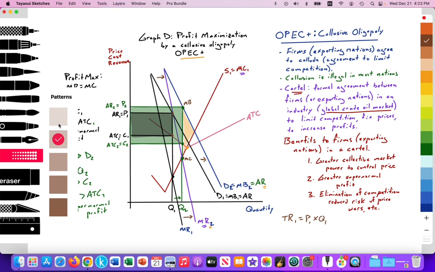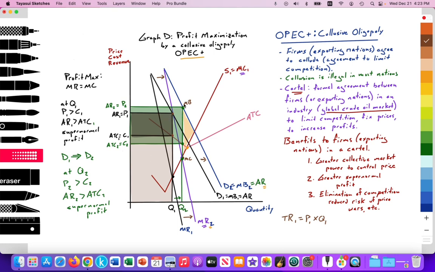So total revenue is price times quantity. So here is the initial price, and this is the initial quantity at Q1. So it's this rectangular area here. All right, so that entire brown area is the total revenue before the demand shifts out.